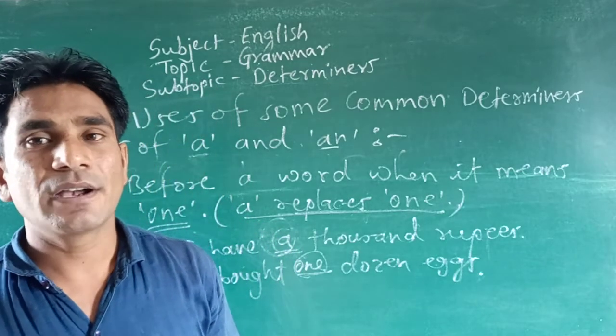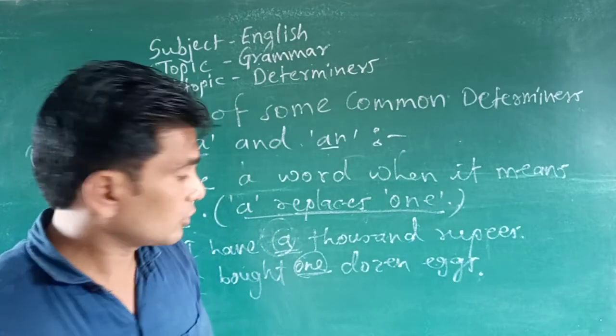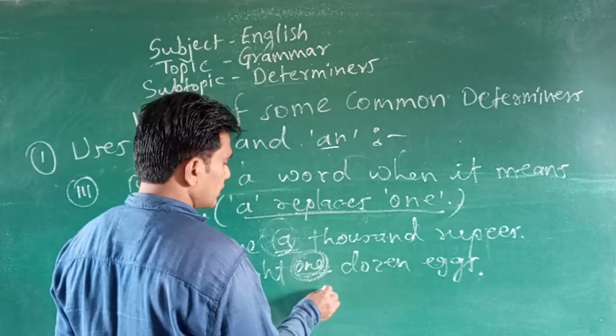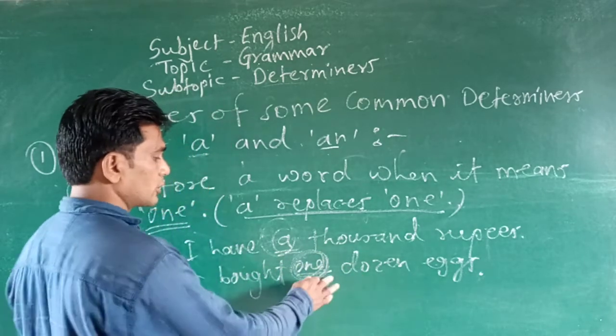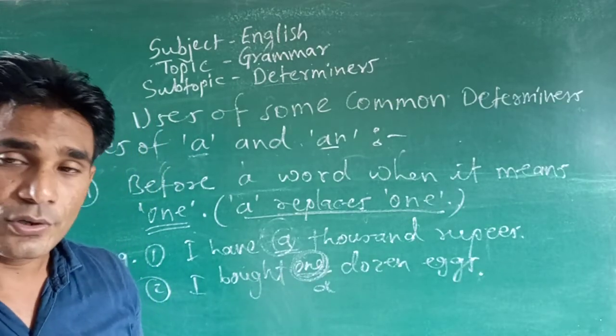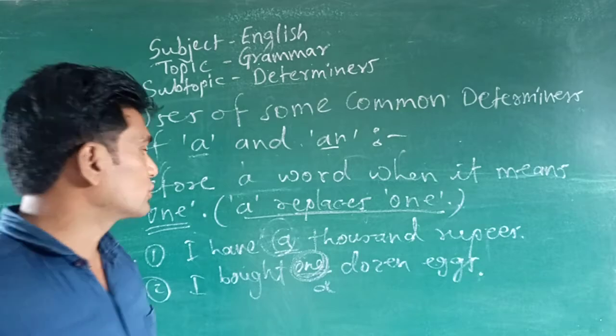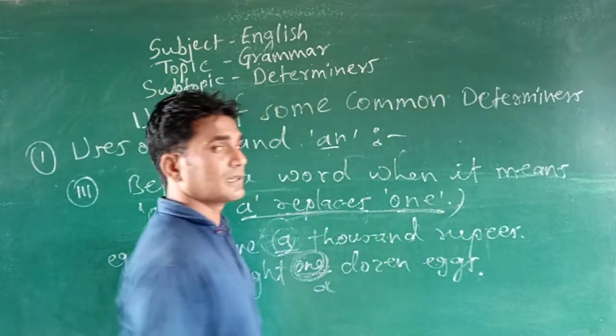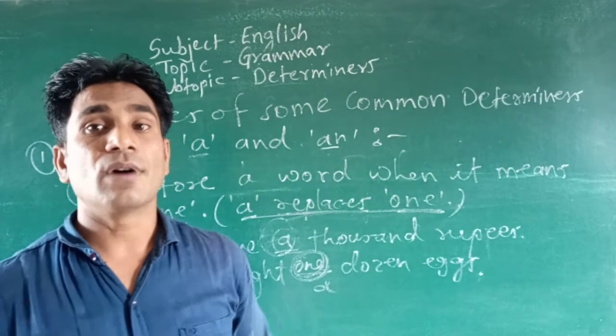I bought 1 dozen eggs. So in place of one, you can use a. I bought a dozen eggs. A dozen eggs. So this is what I want to tell you: a replaces one.